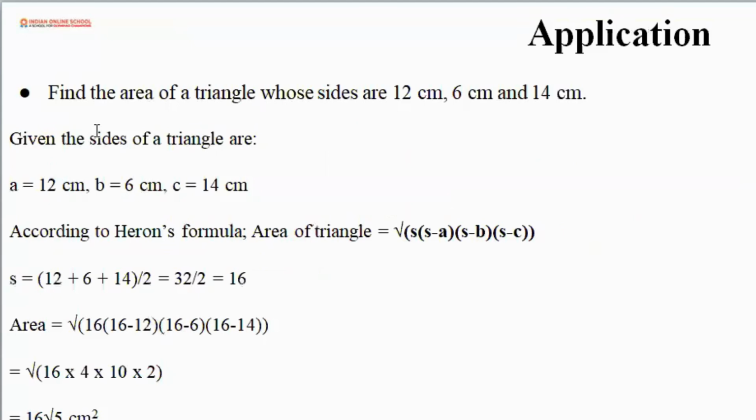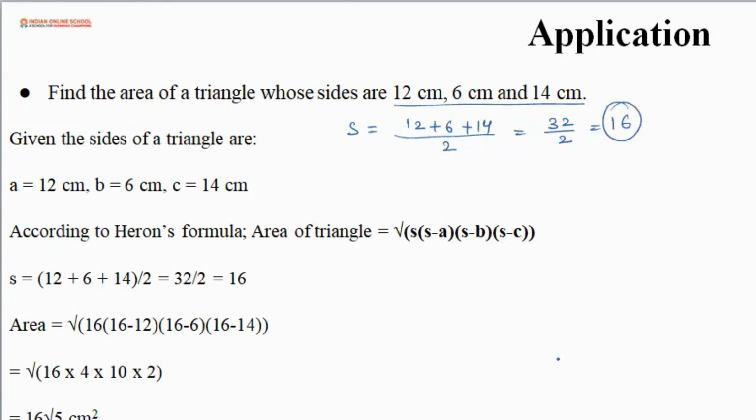Now, for another example, we need to find the area of the triangle whose sides are given to us, which are 12, 6 and 14. Again, first we need to figure out the semi-perimeter, which equals 12 plus 6 plus 14 by 2. When we add all the sides together we get 32, and 32 by 2 gives us 16.